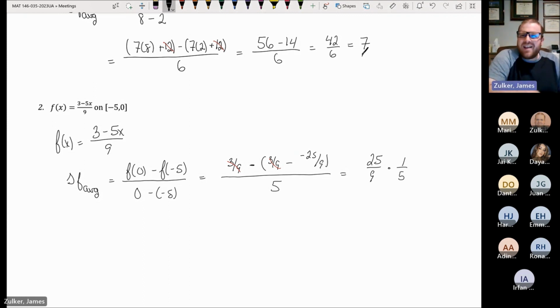And 25/9 times 1/5, right? Remember, multiply the numerator by the reciprocal of the denominator. We get average rate of change of 5/9. Oh, I'm sorry, that should be -25, because of this negative here, there's 3 negatives.